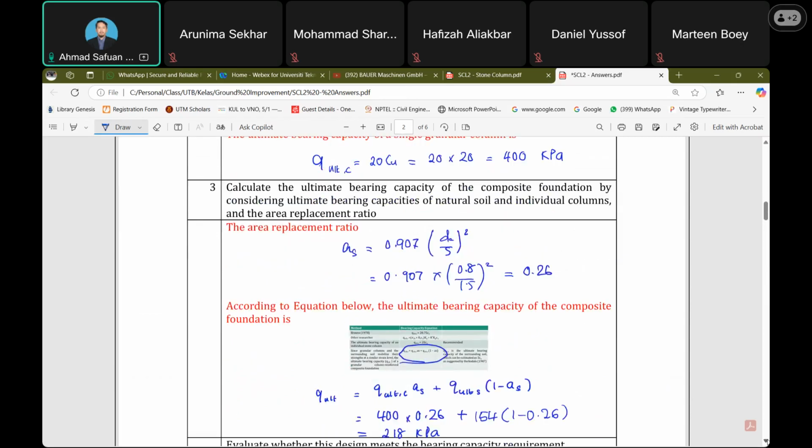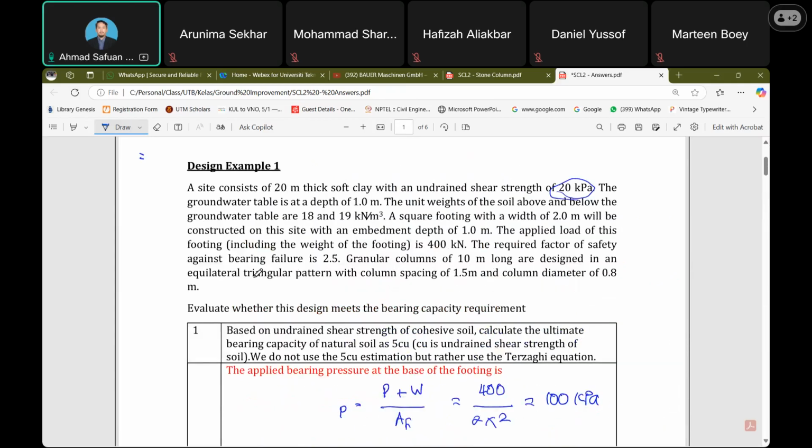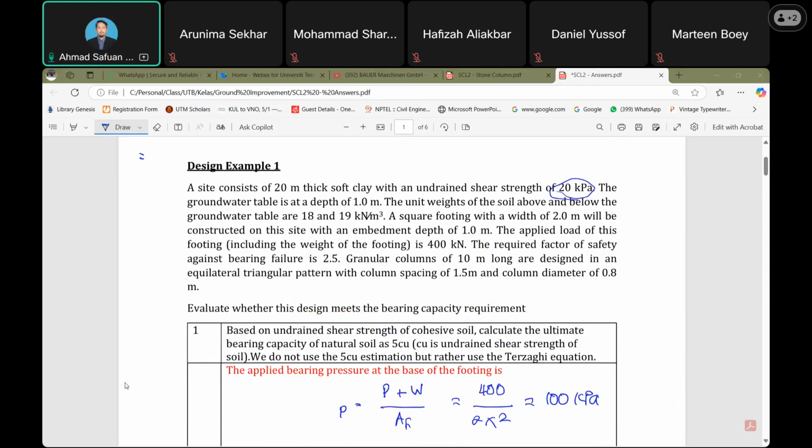The area replacement ratio As is equal to 0.907 Dc over s squared. So how could we determine the area replacement ratio? As mentioned here, it is an equilateral triangular pattern.